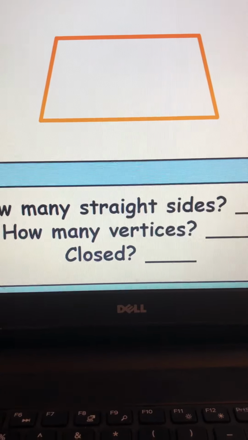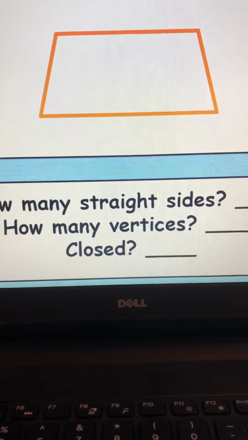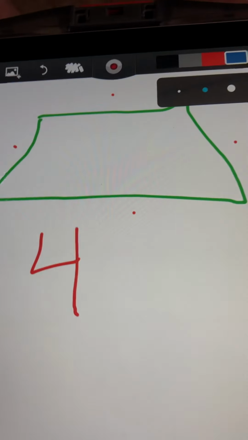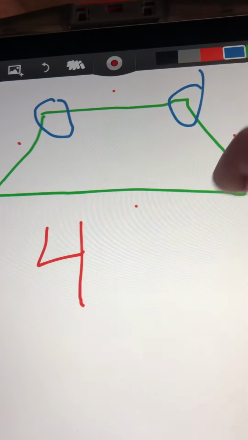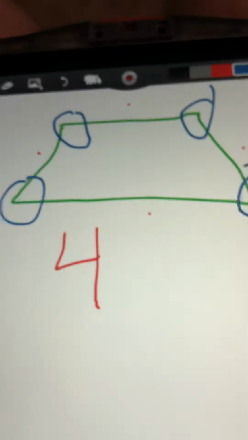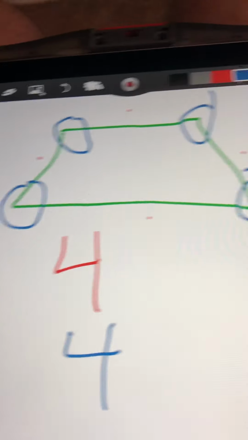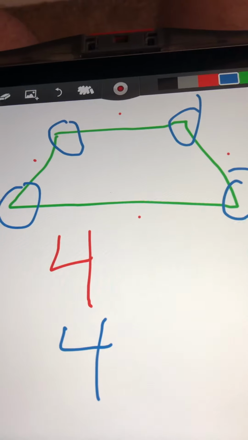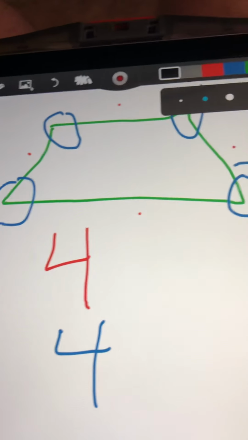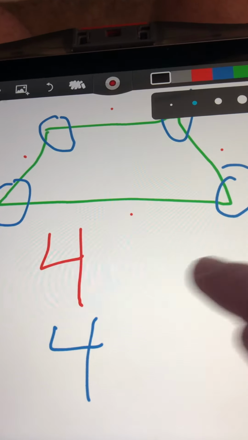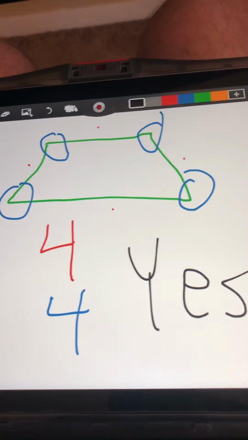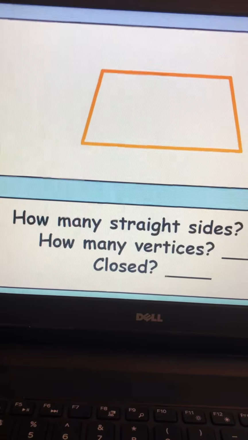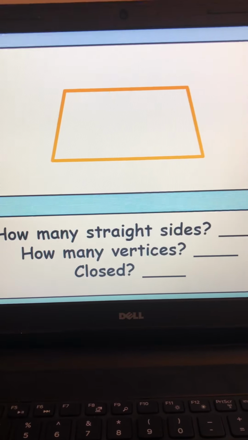Remember, vertices are just the corners. Go ahead and write that down. Hopefully you wrote that there's 4 corners or vertices. And then finally, is it closed? Take a look at that. Yes, it is closed because the sides are all touching. So that is a trapezoid. It's a 2D shape.